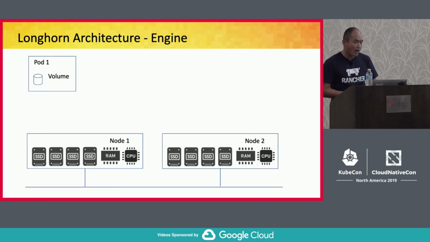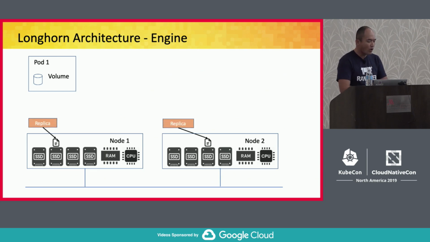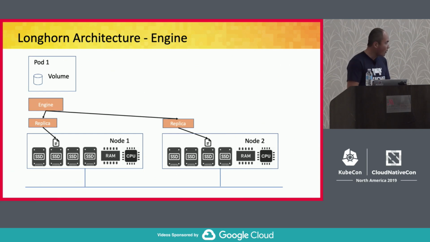Say we have two nodes, and Kubernetes creates a pod asking for a volume. Longhorn is going to place two replicas on two different nodes, preferably on different disks. Then Longhorn will create an engine connected to these two replicas, and the engine will expose a block device on the same node the pod is running.